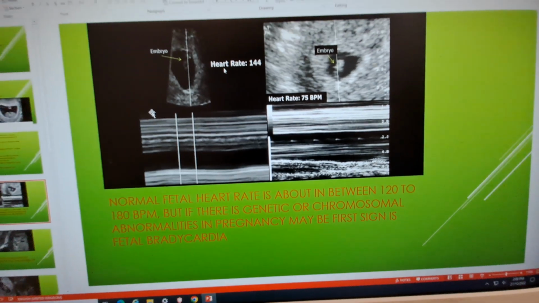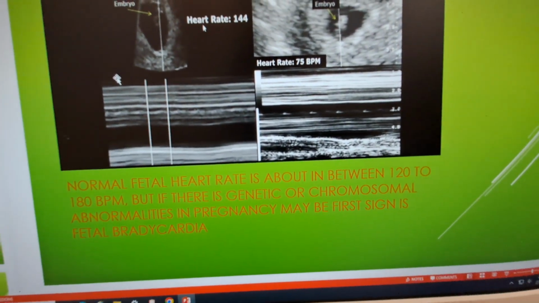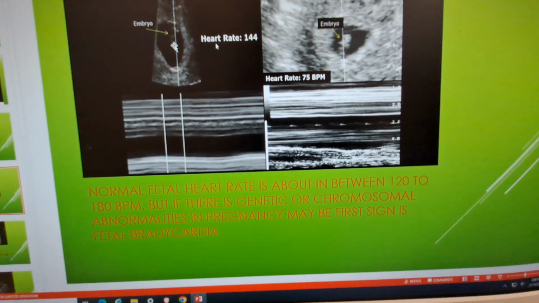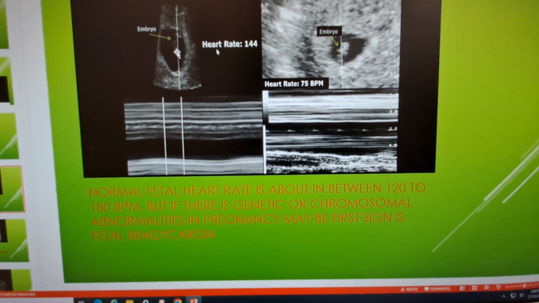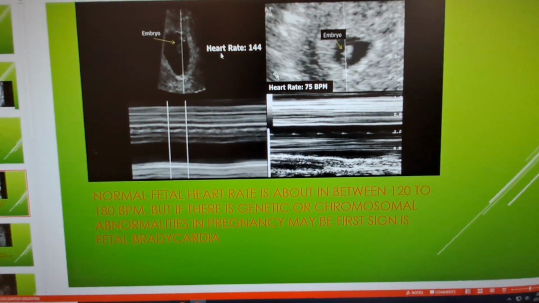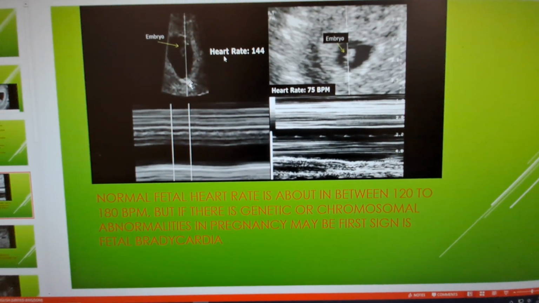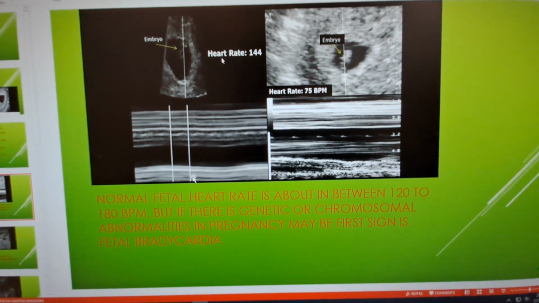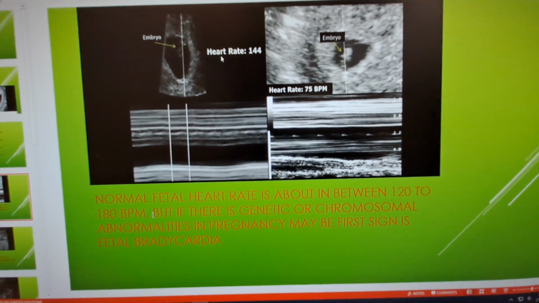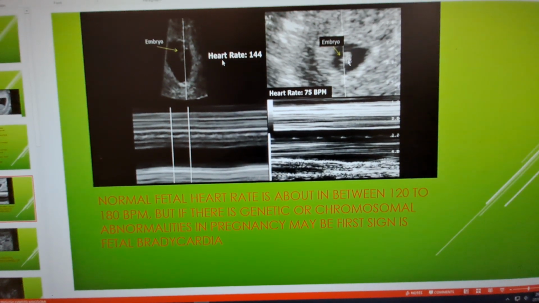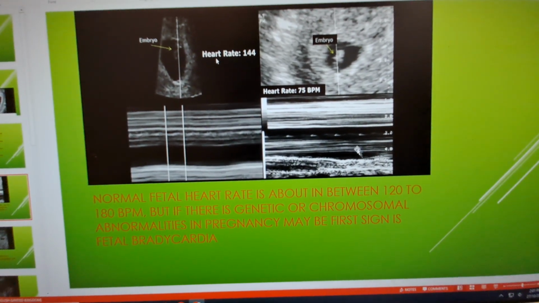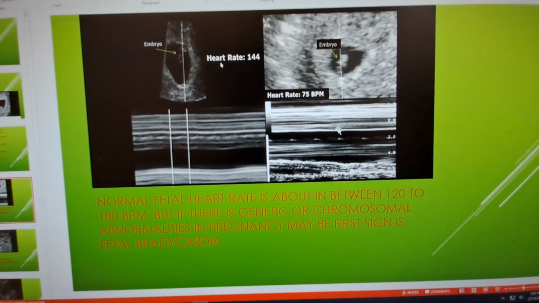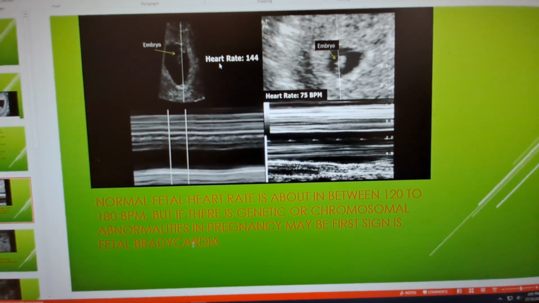So now the female is pregnant, and she has a heartbeat which is positive on the TVS ultrasound. How can we distinguish the normal pregnancy from the abnormal pregnancy? In a normal pregnancy the heartbeat is between 120 and 180. If the baby's rate is less than 120, like around 90, 50, 45 or 75, it is fetal bradycardia.